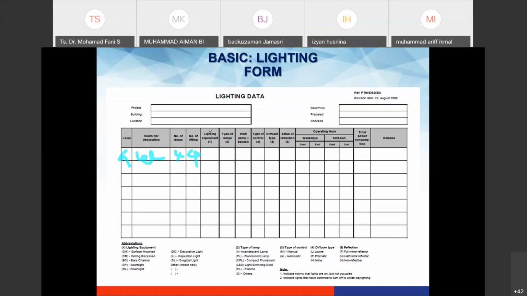Lighting equipment, type of lamp: fluorescent lamp. The watt plus ballast can be 40, standard 40 watt. Type of control, no. Diffuser type, no need.